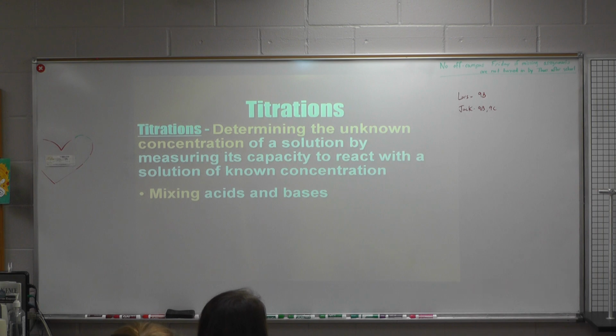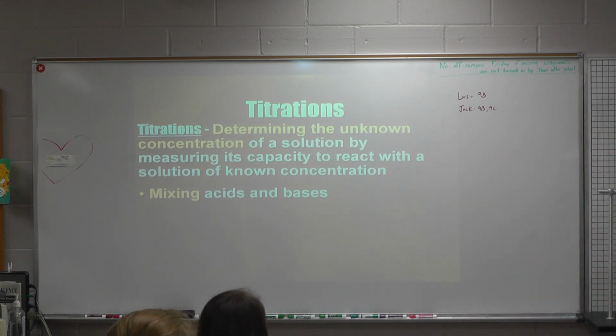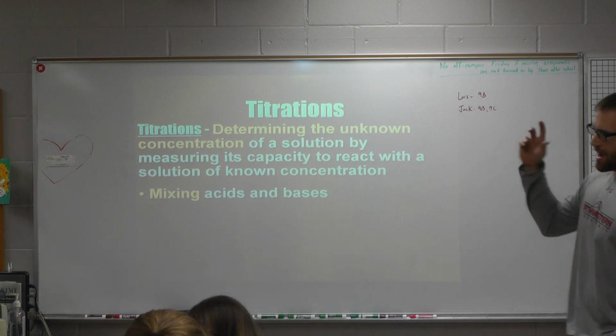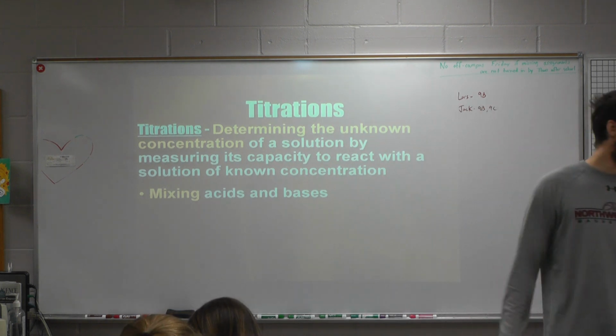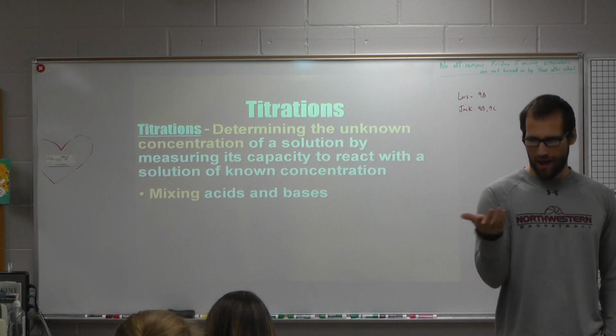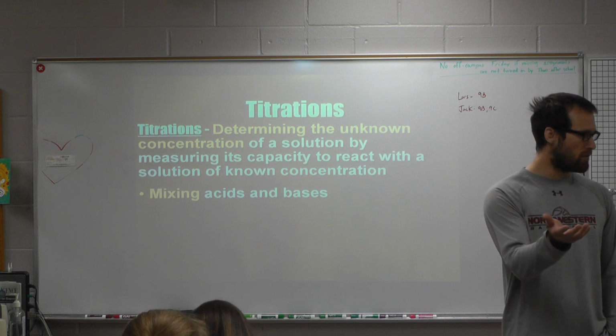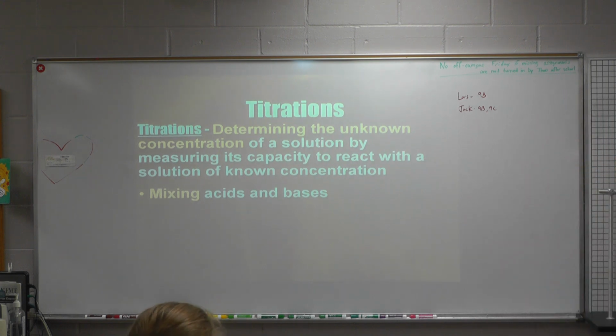Okay. What a titration is: we know that acids and bases do what to each other? They neutralize, okay? So you can use the idea that acids and bases neutralize each other, and what you then can do is, let's say you have some volume of an acid, you know it's HCl, but you do not know the concentration of it.